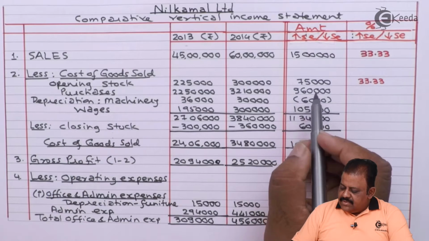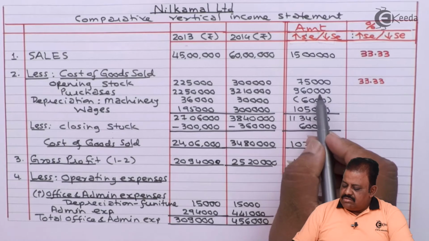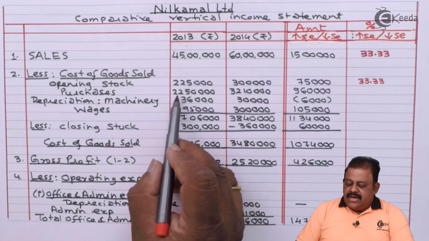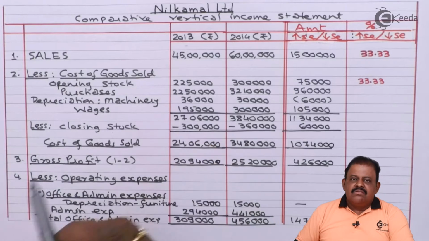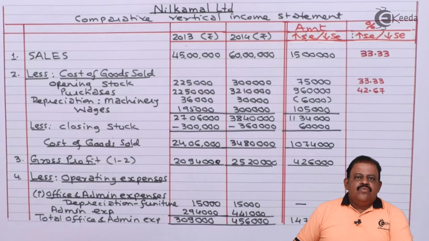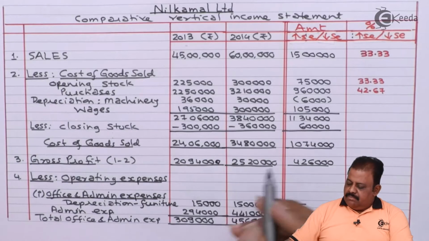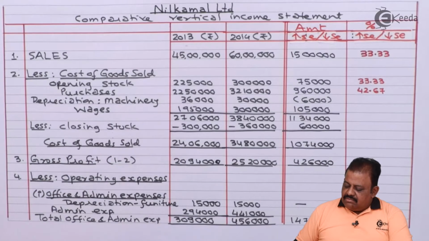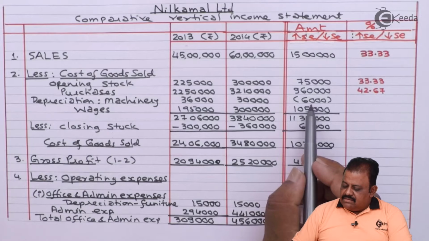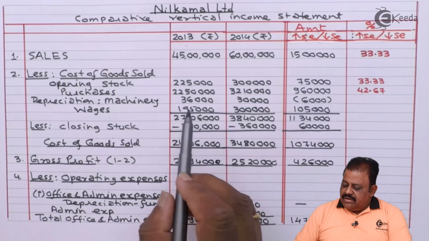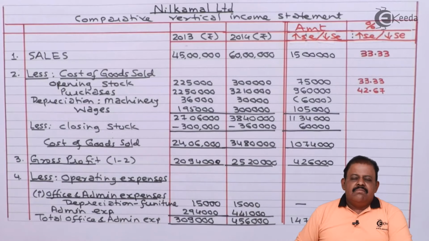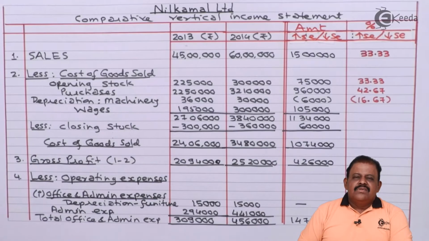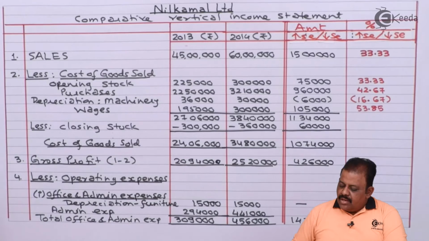Purchases increase 9,60,000 divided by 22,50,000 multiplied by 100. 42.67%. Depreciation on machinery, there is decrease by 6,000. 6,000 divided by 36,000 multiplied by 100. 16.67%.